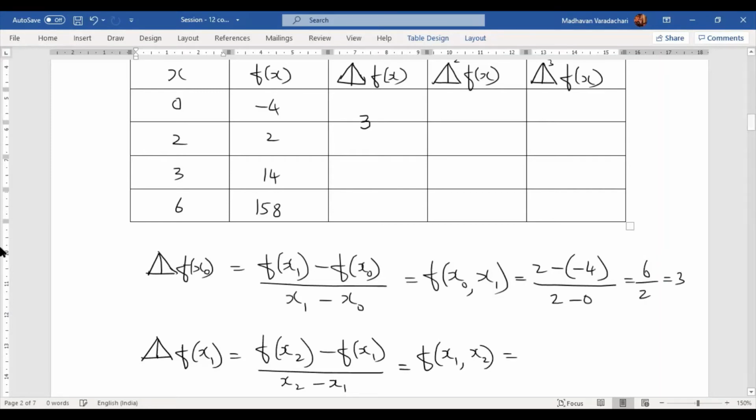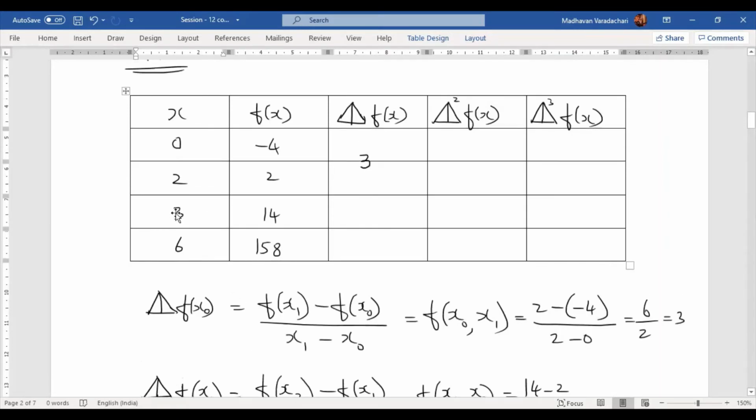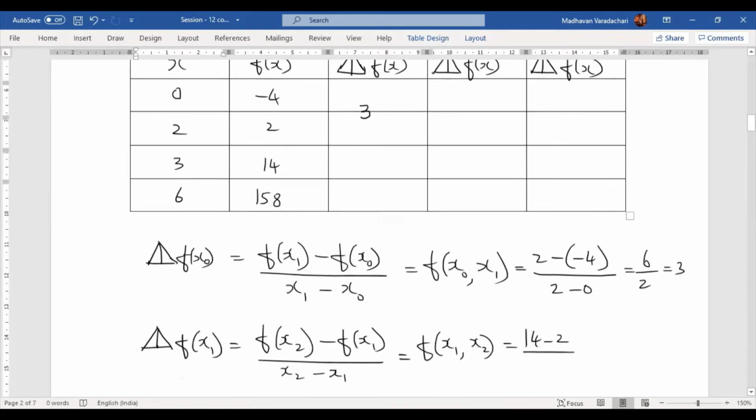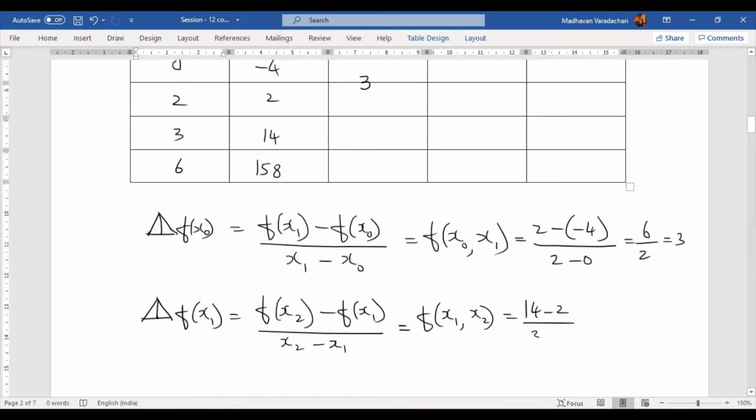How do we calculate that? F of x2, that is 14, minus 2 divided by x2 minus x1. What is x2? 3 is x2. What is x1? 2 is x1. So 3 minus 2. So this is 12 by 1, which is 12. So in between, I will write 12.